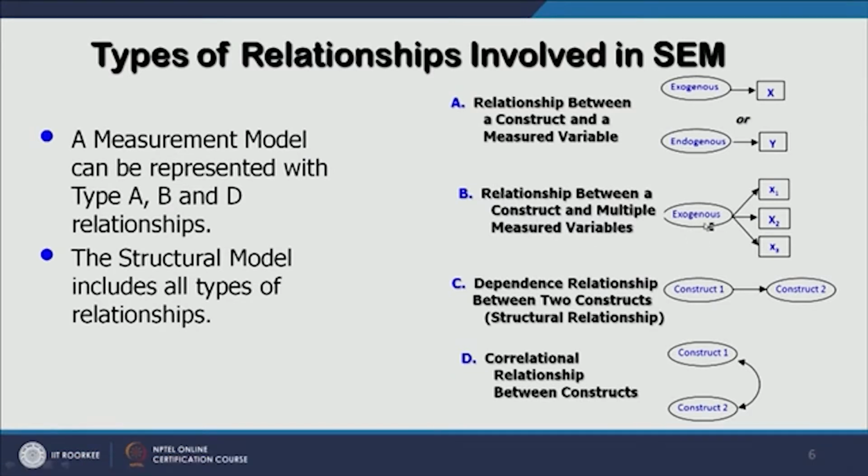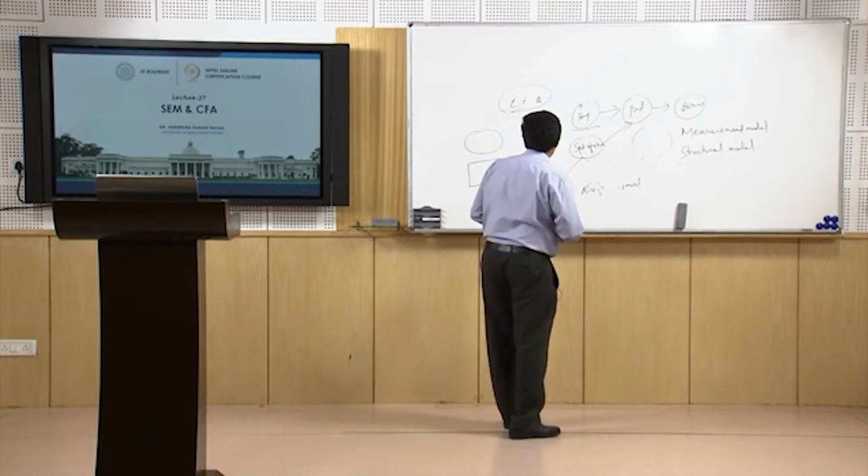Now for multiple measured variables, for example, this one has got 3 variables x1, x2, x3. Okay. Now these 3 are getting affected by the exogenous construct. Okay. Now these are two types of relationships, one in which you can see that the arrow is moving from the construct to the variable.